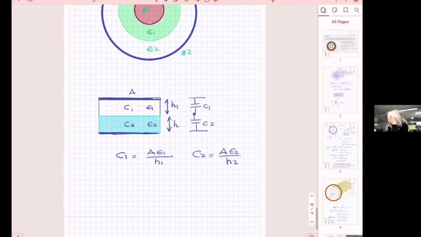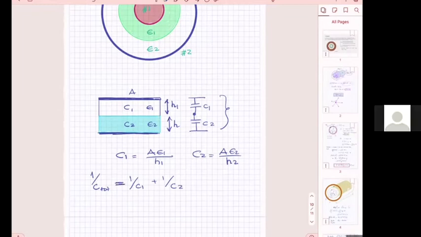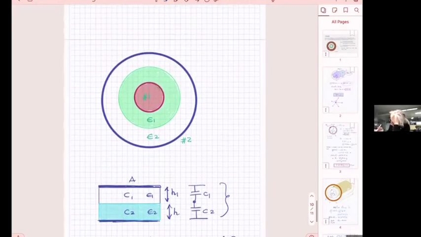And the total capacitance, 1 over C total, was 1 over C1 plus 1 over C2. You remember that? Yes? Okay, thank you.